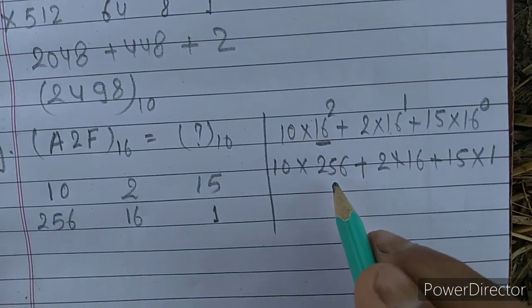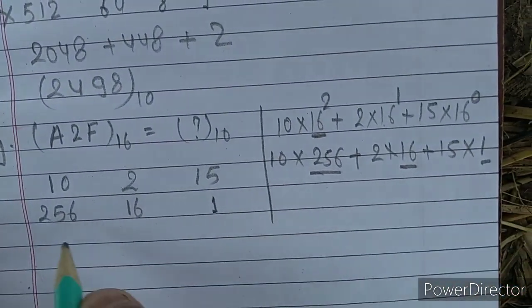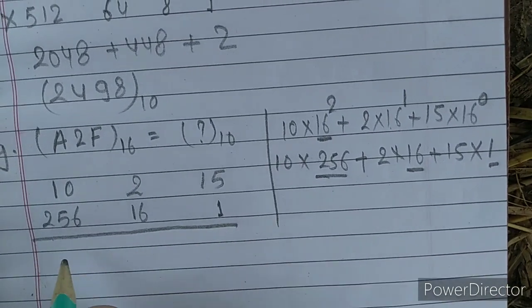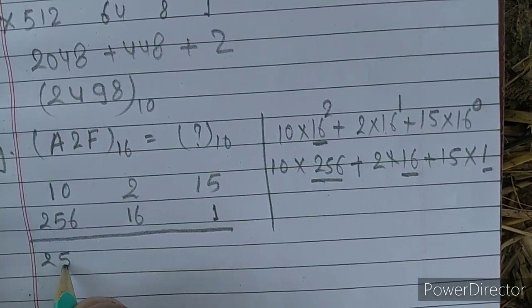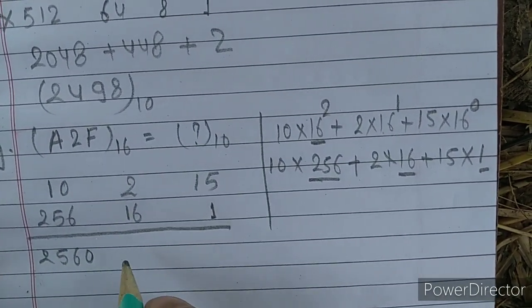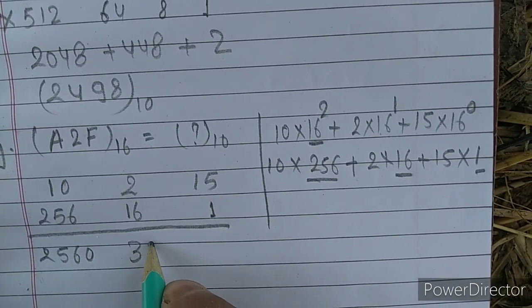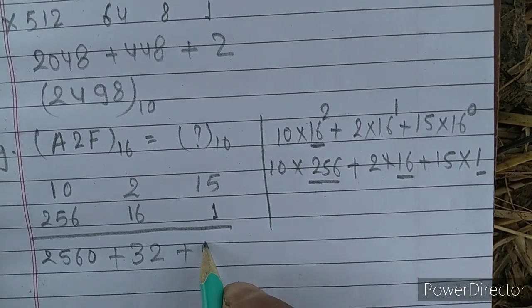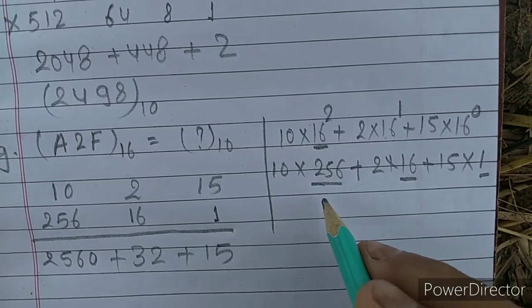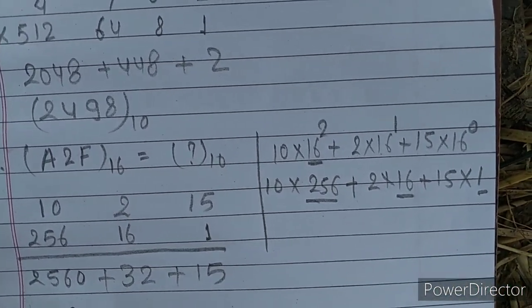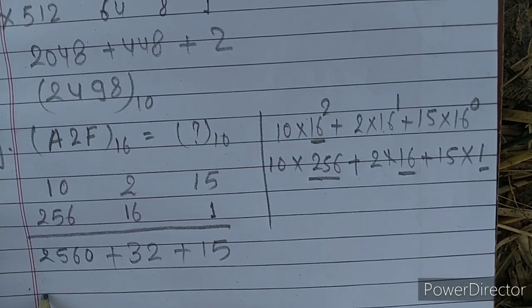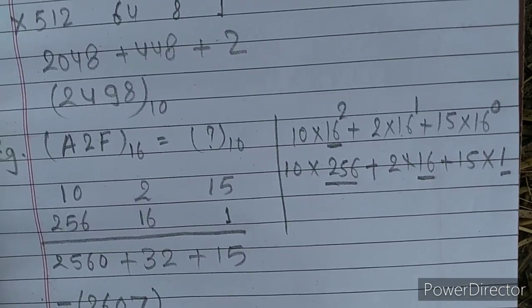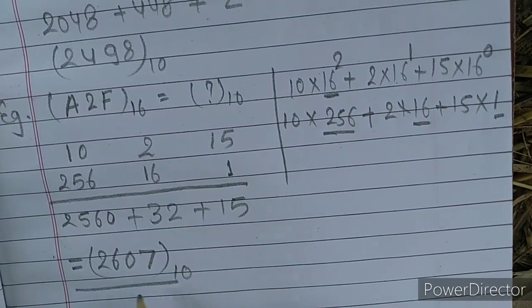So in this way, these same multipliers I have written directly here. In this way you can do it. So 256 times 10 is 2560, here is 32, plus 15. Here also you can do the same way. You can calculate, and the same answer will come if you try. So this is the answer. In this way you can calculate the answer.